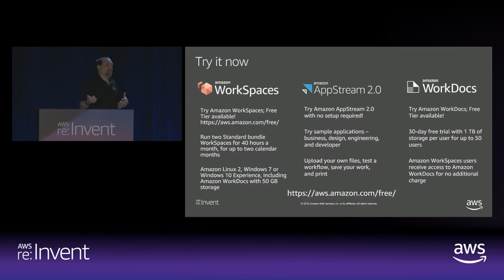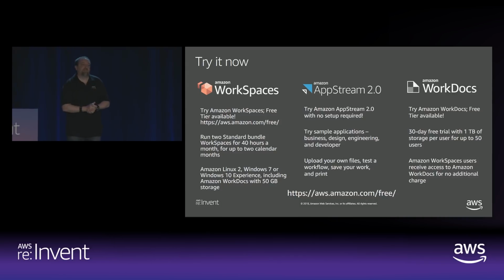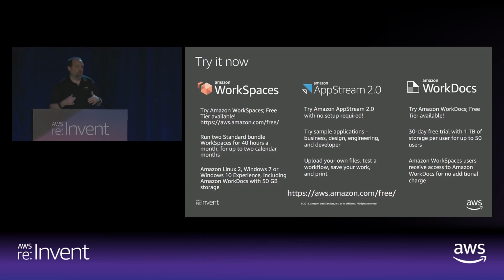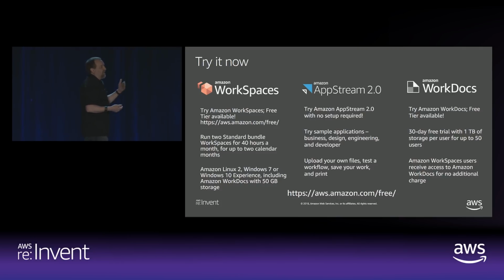Now, if you're on the Microsoft side, if you need to run client operating systems, we do offer bring your own license programs for environments with more than 200 seats. We've recently released some self-service capabilities for that today. That will allow you to import your media and build on standard Windows 7 client or Windows 10 client operating systems. AppStream 2.0 is available to try with no setup required.